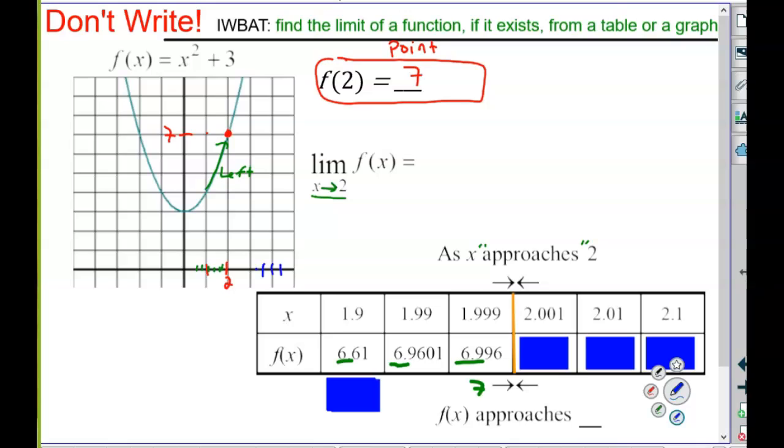So what if I start taking numbers that are bigger than 2, so like 2.1. Let's try that one really quick. Do 2.1 squared, and then add 3. Did you get 7.1? But notice that's just higher than 7. Well, 2.1 is kind of far away. What if I do 2.01?